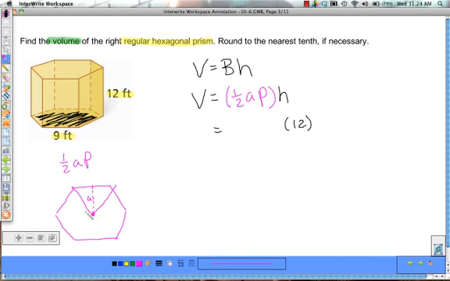So 360 divided by 6 gives us that the central angle is 60 degrees. The apothem cuts it in half, so this is 30 degrees. That does create a 30-60-90 triangle. So let's pull that aside so we can make it a little bit bigger.